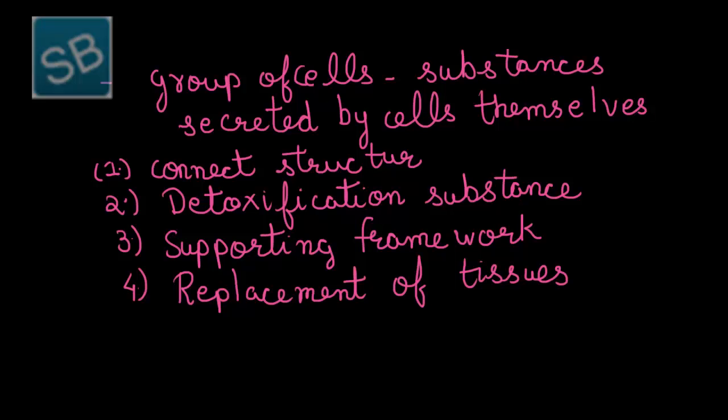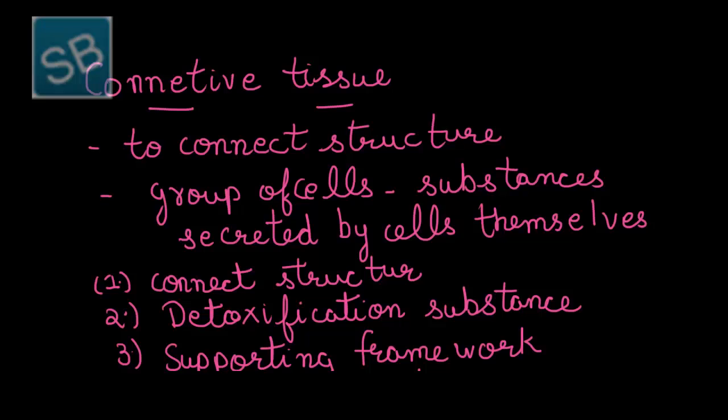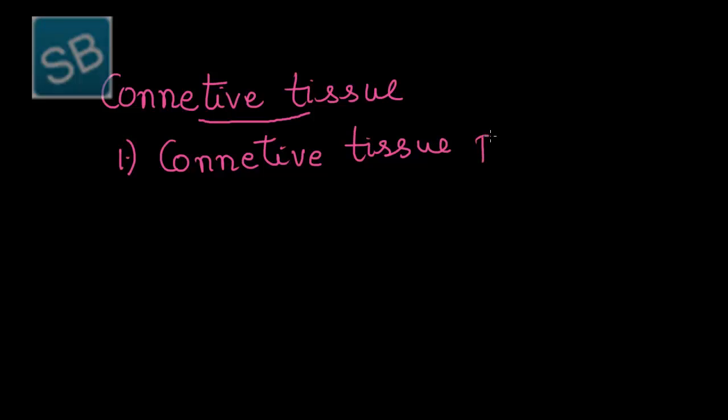So let us first of all begin with the classification of connective tissue. Now, the connective tissue is basically divided into three types. First, connective tissue proper. This type of tissue denotes a part of tissue that connects the body parts together.